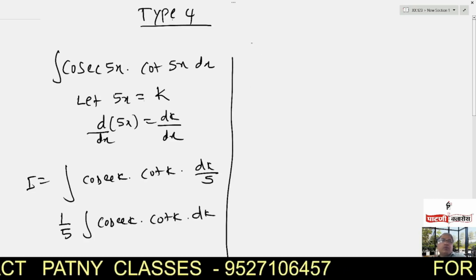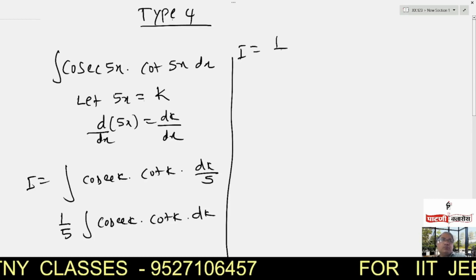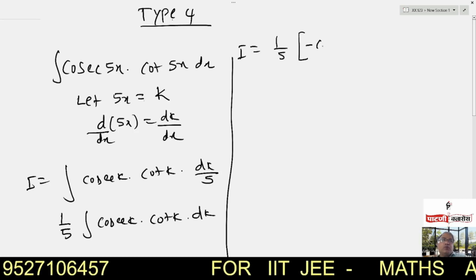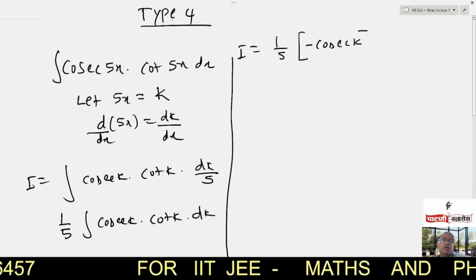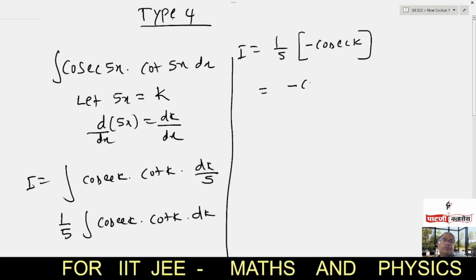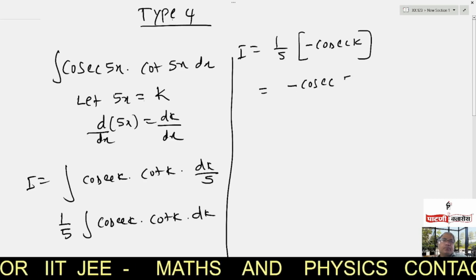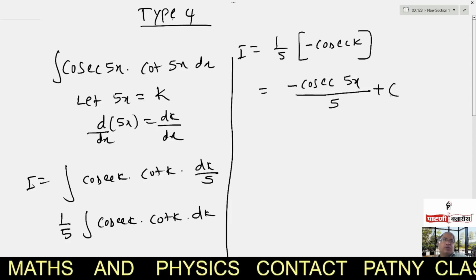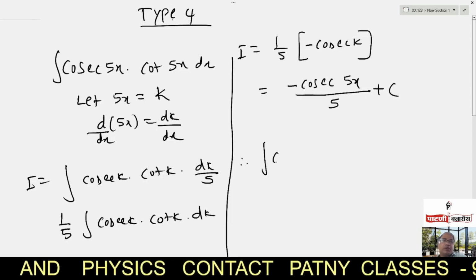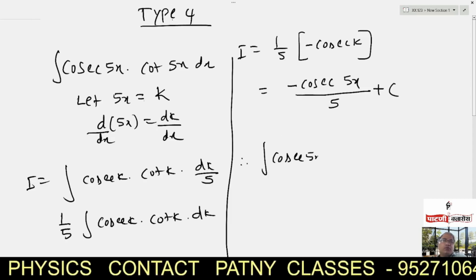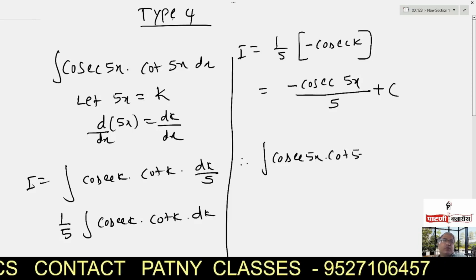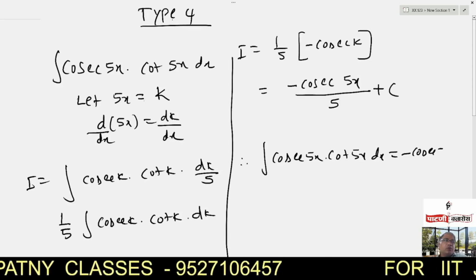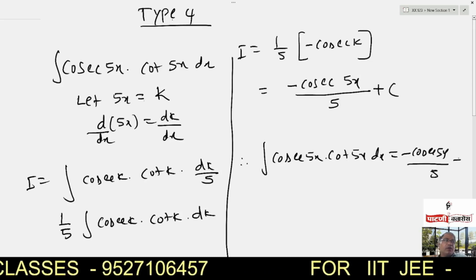Now applying the formula of integration, that is integration of cosec k into cot k is equal to minus cosec k, putting back the value of k plus c. Therefore, integration of cosec 5x cot 5x dx equals minus cosec 5x upon 5 plus c.